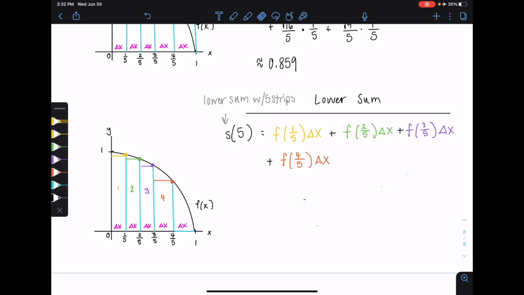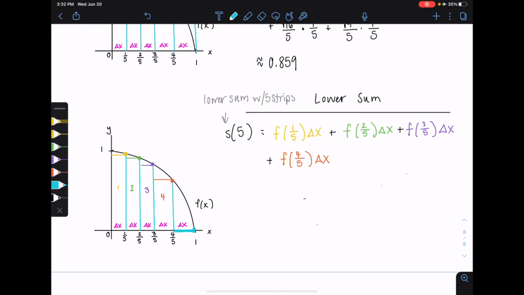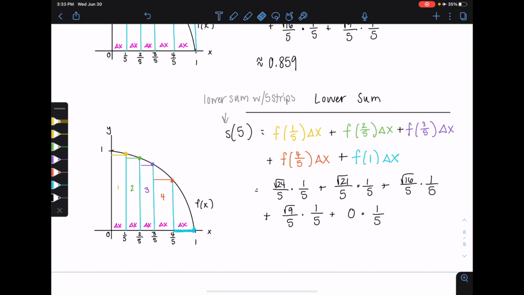So you get 4/5 times delta x. And then if you want to go ahead and do this last one, the lowest strip you can get is going to have height 0 because you'll plug in 1 to give you a height of 0. And so again, you plug this into the square root of 1 minus x squared and then go through that process for all of them. And if you plug it into your calculator, you're going to see this is about 0.659.